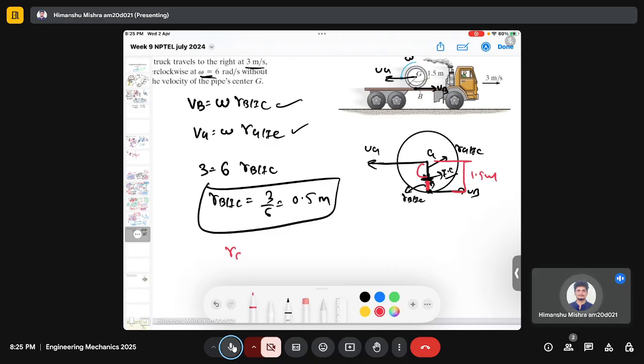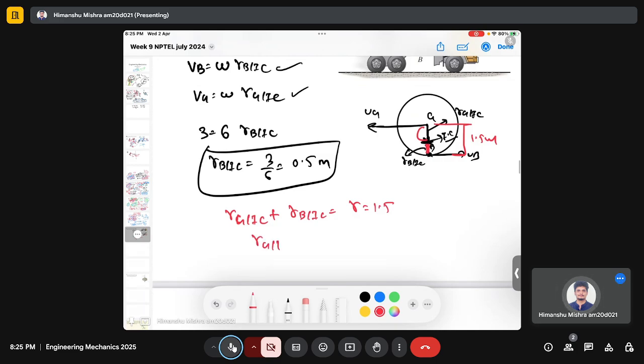So my RG with respect to IC plus RB with respect to IC is equal to the radius, which is 1.5. So my RG with respect to IC will be 1.5 minus RB with respect to IC. So this is 1.5 minus 0.5, so this will be 1 meter.